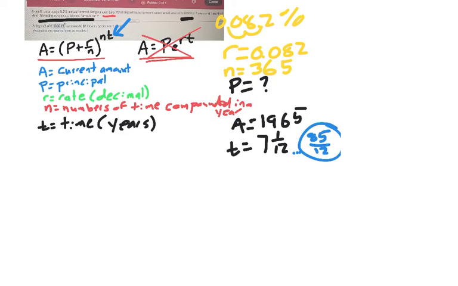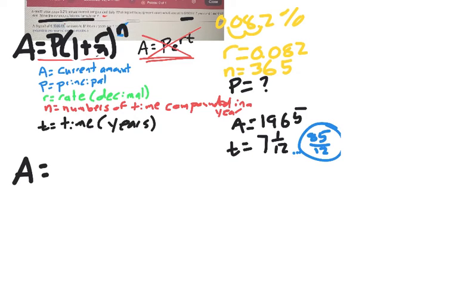So let's go ahead and solve this formula for P. And actually, now that I'm looking, I wrote the formula down wrong. That's my fault. That should be A equals P times 1 plus R over N raised to the NT. That looks more like it.